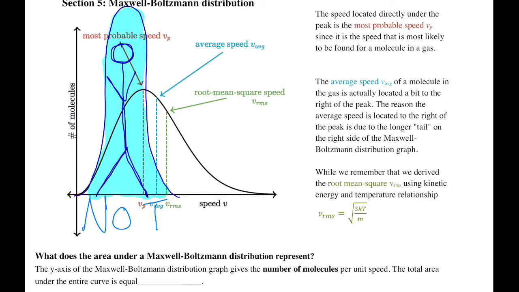Why, as these numbers get lower, does this peak have to get higher? Well, if the number of total molecules doesn't change, but the numbers on the x-axis go down, the area must remain the same, so we must have a taller distribution.